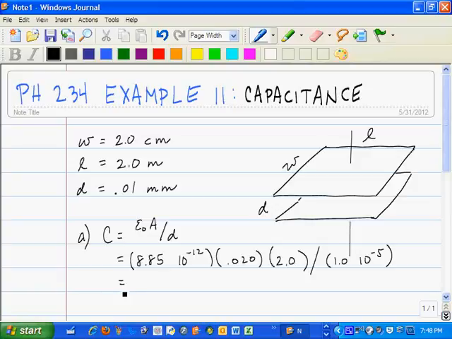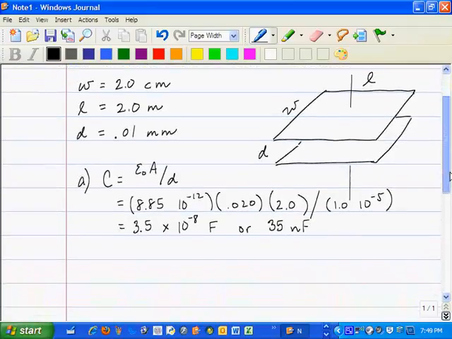And if we plug all this in, we'll get the value for the capacitance, which is 3.5 times 10 to the minus eighth farads, or we could also say that this is 35 nanofarads.